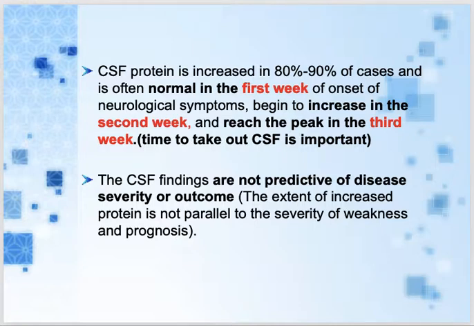Of course, in that one you will find that motor fibers are involved more than sensory. There is slowing of the nerve conduction, and all those things are there in these patients. So CSF findings are very important. Okay, elevated CSF protein level, and white blood cells will be normal.